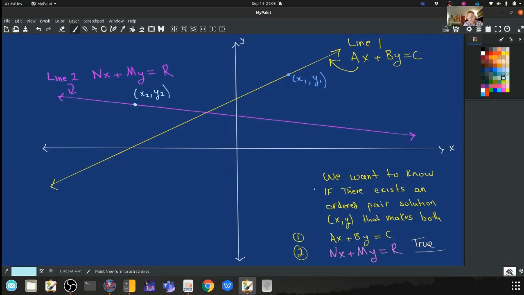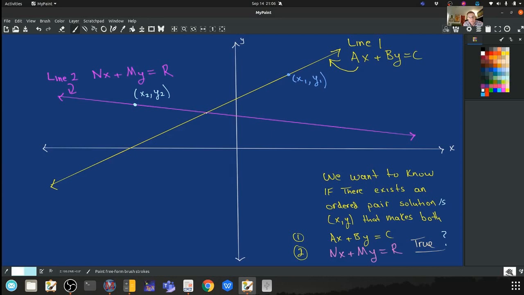And down here I actually pose a question. We want to know if there exists at least one, maybe more, ordered pair solution or solutions, x comma y, that makes both equation 1, ax plus by equals c, and equation 2, nx plus my equals r, true. We'll see if we can graphically figure that out. Do these two lines share a point?